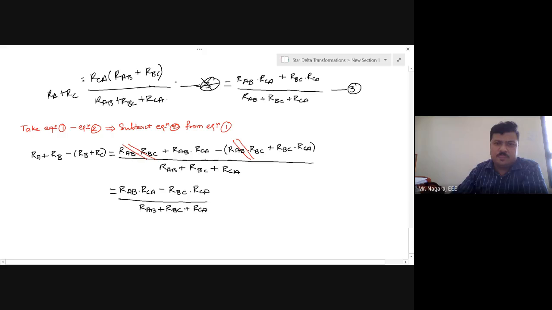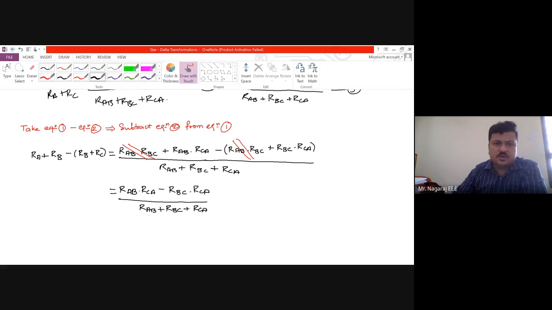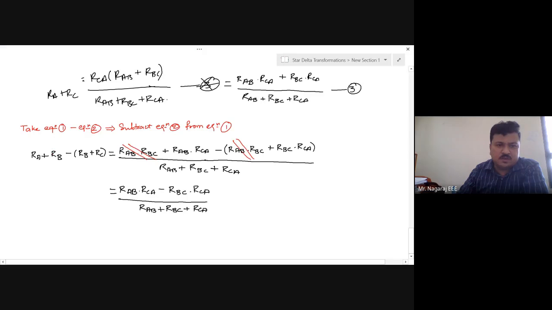Here we get one more elimination of a term: plus RB and minus RB cancel out.